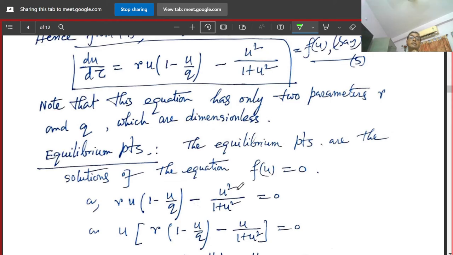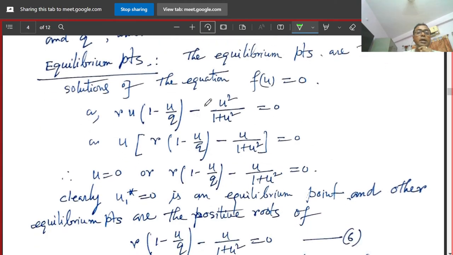Now we study equation 5 for this model. We have to find the equilibrium points or steady states by equating du d tau equal to 0, that is f equal to 0. So we get this equation, and the roots of this equation: u equal to 0 or the second term equal to 0.